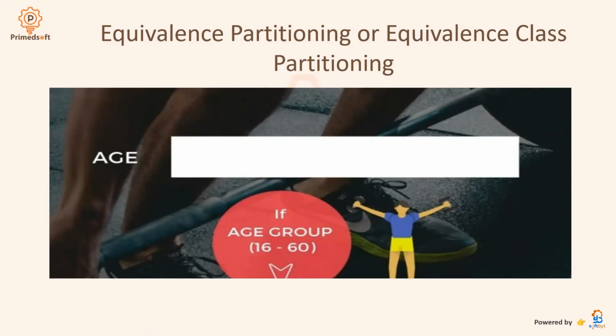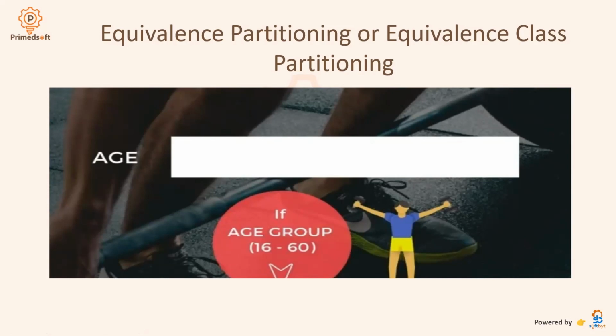There's no way you can, because you haven't got the time, and the budget might not be there, because you still have every other story and other features to test. So this is when you apply this test technique called equivalence partitioning, which is a type of black box testing.